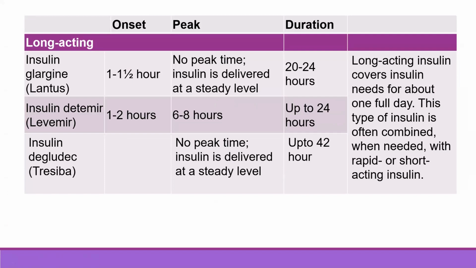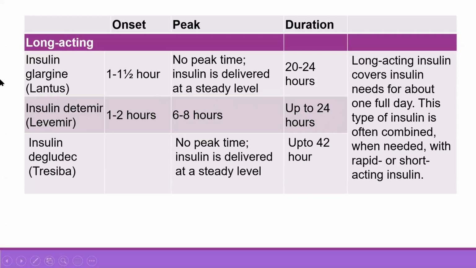Coming to the long-acting insulin preparations, we have glargine, detemir, and insulin degludec. Of these three, as I've told you, detemir does not have a duration of action up to 24 hours, and therefore often we have to give it twice a day.